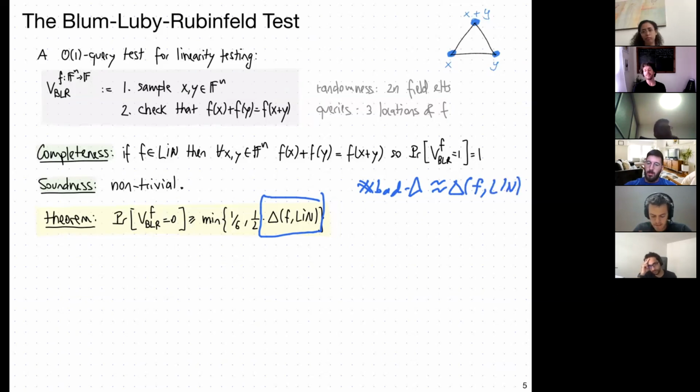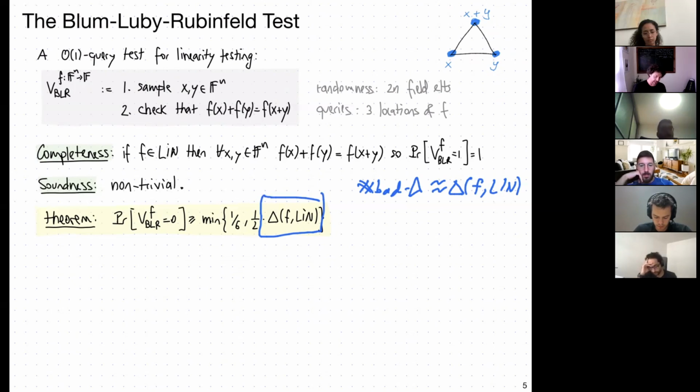And this is a nice robust condition. It tells us that if my function is really far from linear, then there would be a lot of triplets that don't satisfy the linearity condition. And otherwise, it would be good.